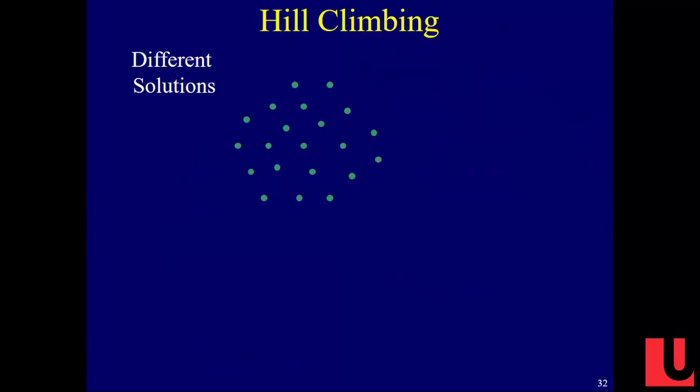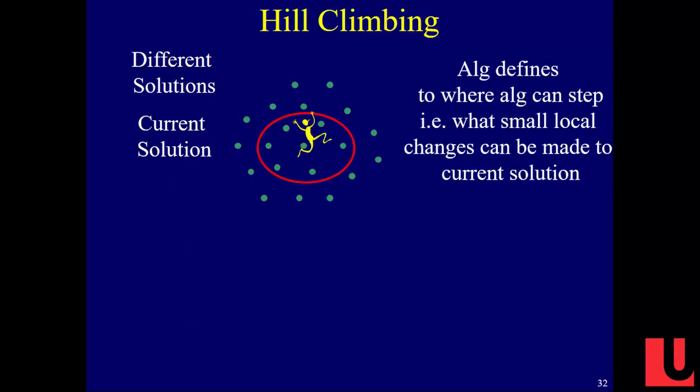So suppose we're looking down now on the same hill, and these are all the various solutions, and I'm currently at this solution, and by a small step, I mean that I can move to one of those in one step. And right now all of these, this is the best solution of that set, right? So I'm sort of stuck there, right?